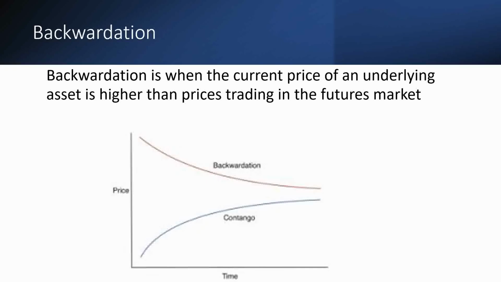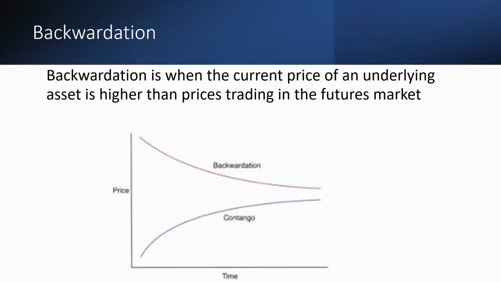Well, it happens when there is scarcity of the product in near future or now versus much further in future. And this happens when there is some sort of an anomaly in the market which has caused shortage of that asset in near terms.